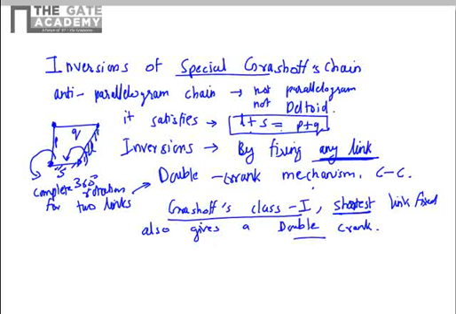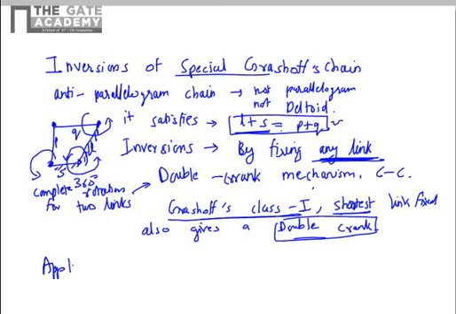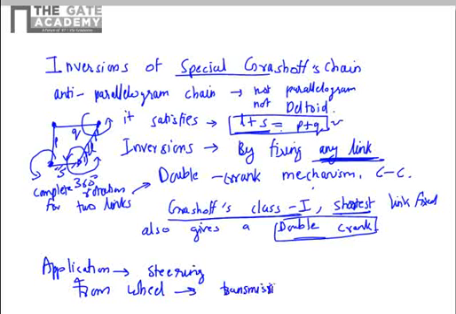This link also will give double crank motion of the adjacent links. A typical application of the double crank mechanism is observed in the steering gear, where rotary motion from the steering wheel is transferred to the transmission wheels, that is the driving wheels.